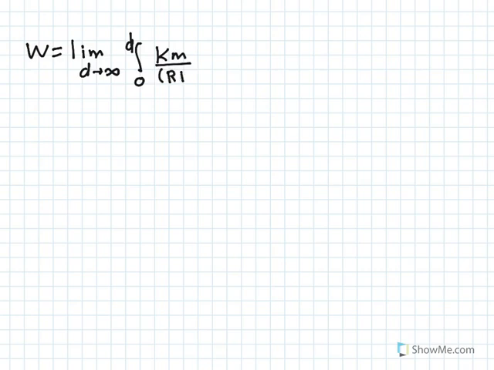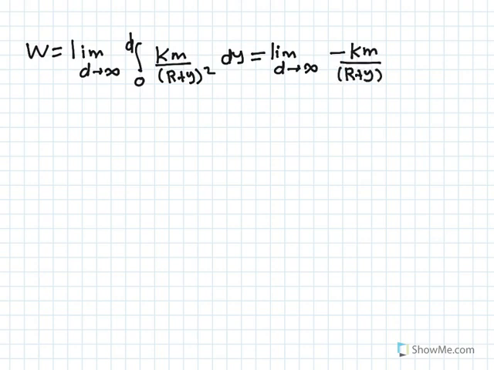Alright, so work is equal to the limit as d approaches infinity of the integral from 0 to d of Km/(R+y)² dy. Applying u substitution and integrating, we obtain the limit as d goes to infinity of minus Km/(R+y), and evaluate this from 0 to d.